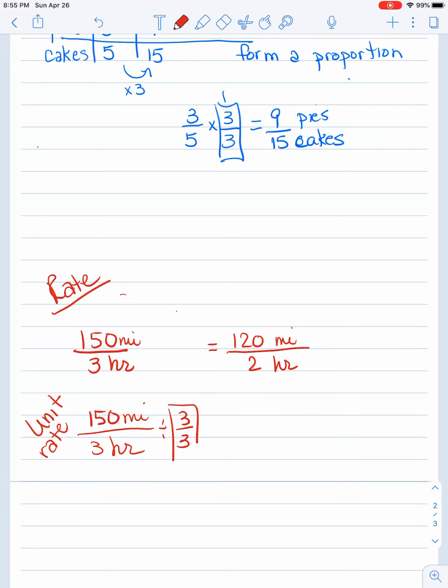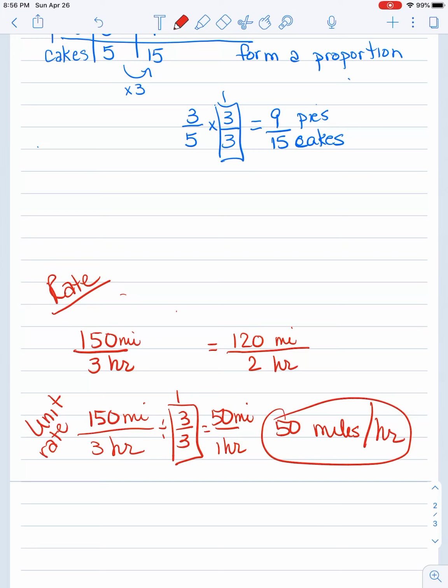So I'm going to divide by 3 over 3, which is equal to 1. And what do I get? I get 50 miles in 1 hour, or 50 miles per hour.